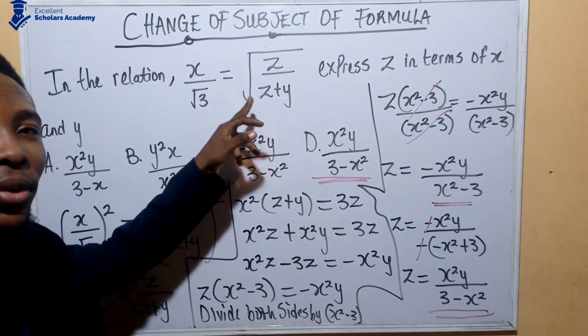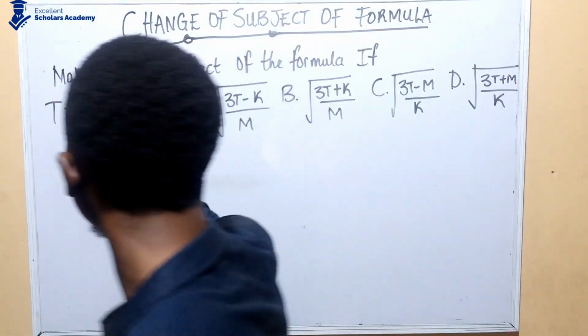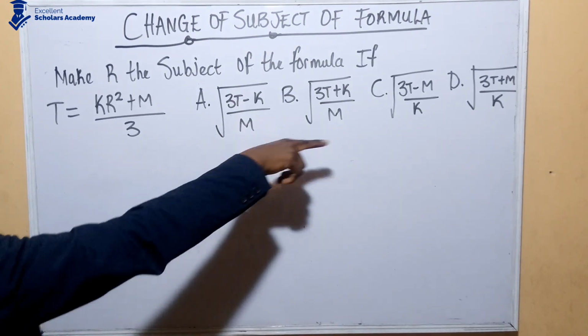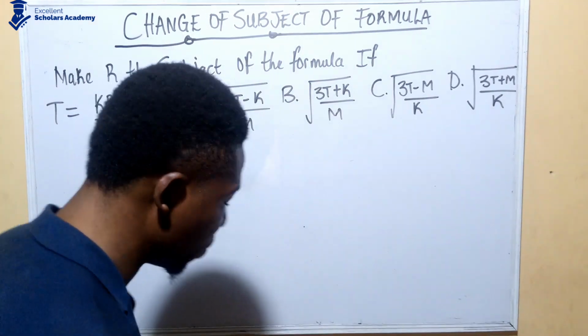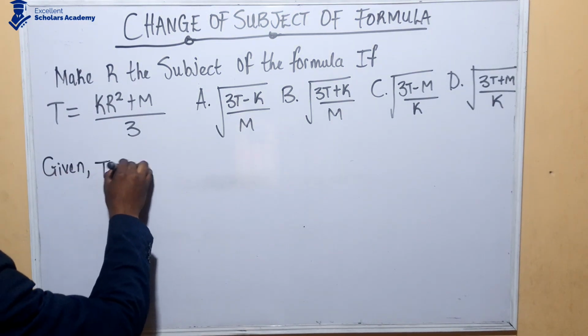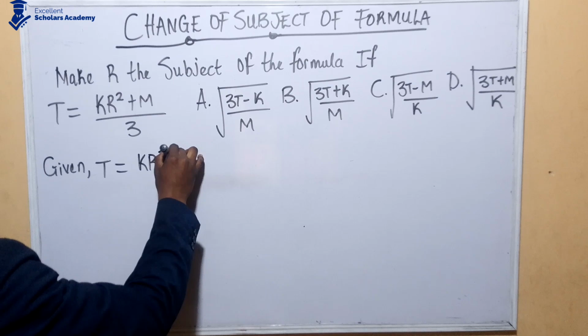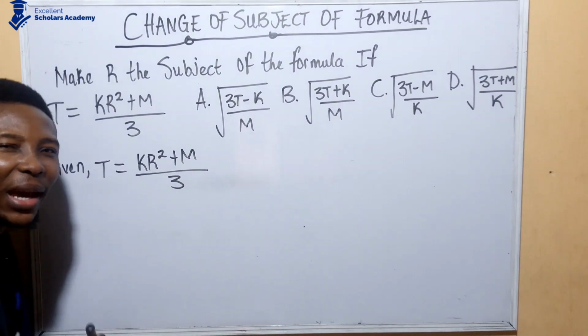Make r the subject of the formula if C is equal to (kr squared plus m) over 3. You're given your options. Our goal is to make r the subject of the formula from this. Now, you are given that C is equal to (kr squared plus m) over 3. Now, your goal is to make r a subject here.